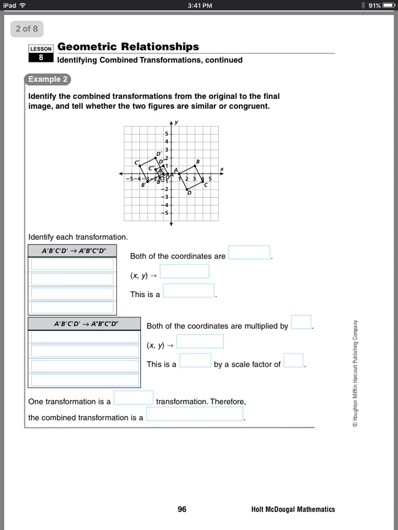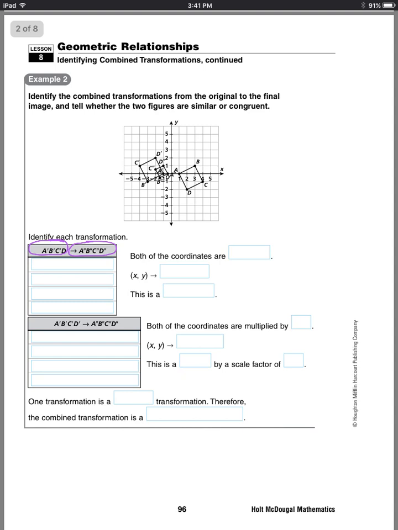Identify the combined transformation from the original to the final image and tell whether the two figures are similar or congruent. So, we are going to be looking at these transformations, and it tells us how to look at them. It says we're going from this to this. Okay?